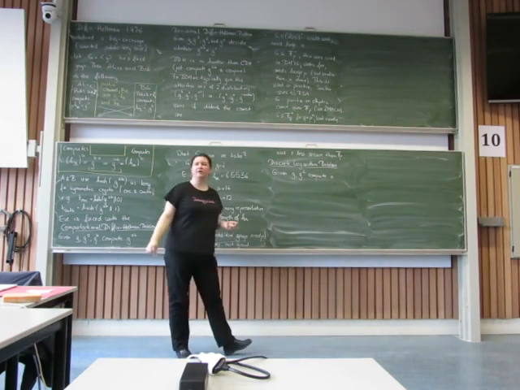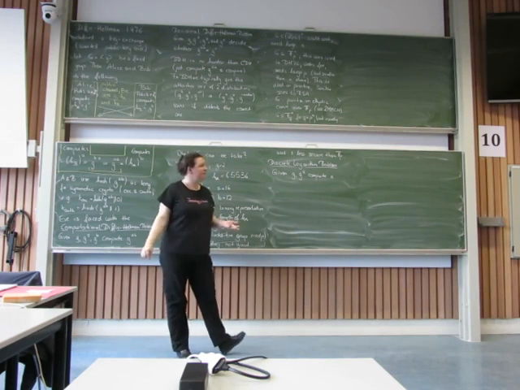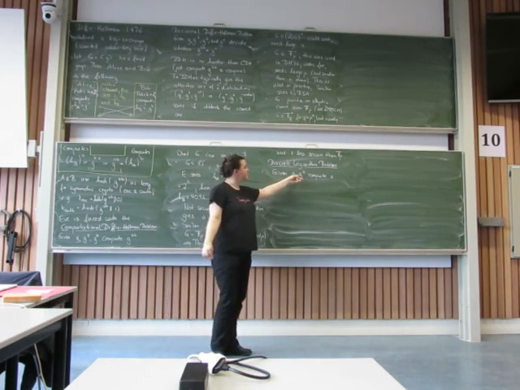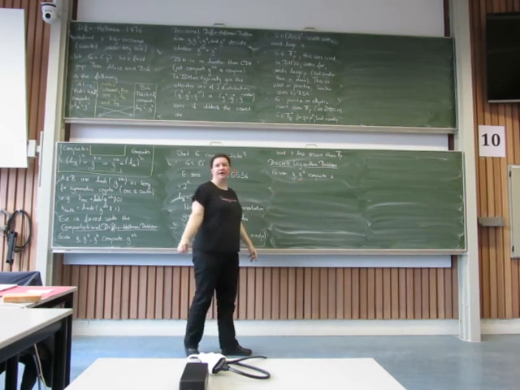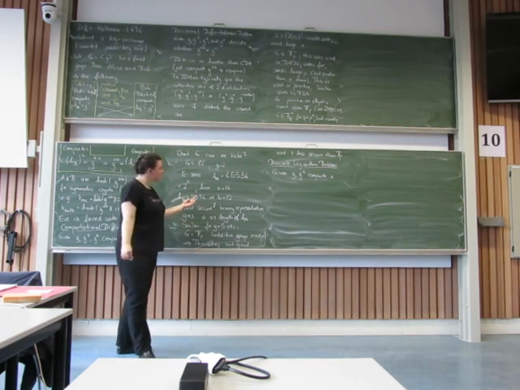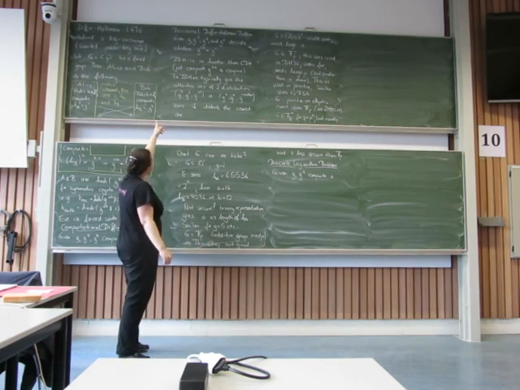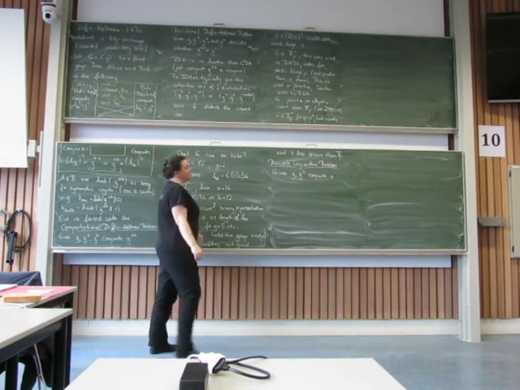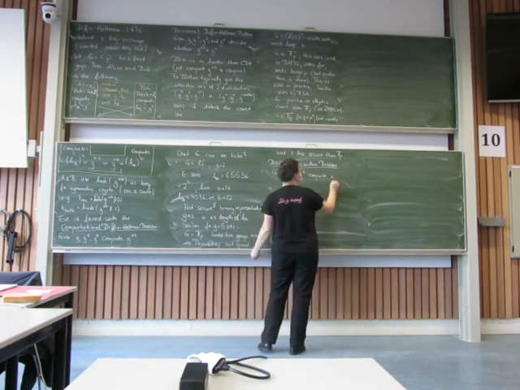So Eve knows everything about the group, knows the generator, and then gets this target element g to the a and has to do something. Again, if she can solve the discrete log problem, she can solve the computational Diffie-Hellman problem, and she can solve the decision Diffie-Hellman problem.